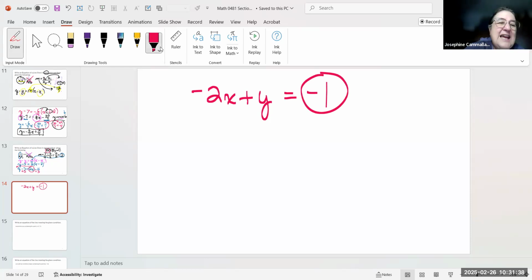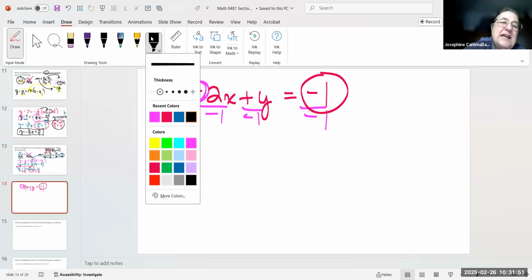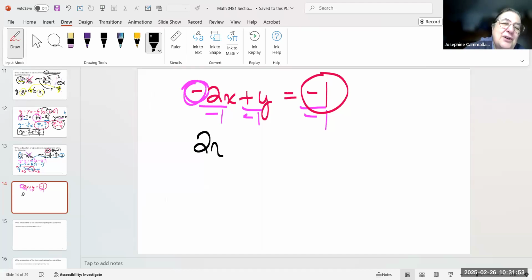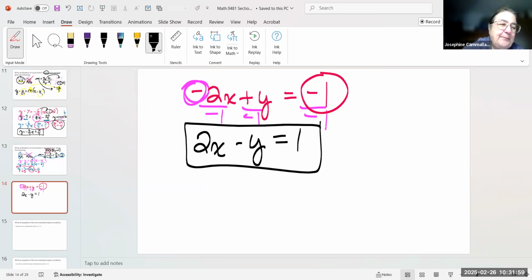Well, don't forget, this a cannot be negative. I am going to divide everything by negative 1, giving me positive 2x minus y is equal to 1. That is my equation.